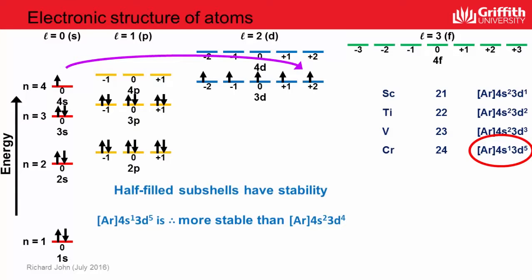And it turns out that half-filled subshells have stability associated with them, so the argon core with 4s1, 3d5 is actually more stable than the argon core 4s2, 3d4. And so now the orbital diagram with that s electron moving over into the d subshell matches the electron configuration shown on the right hand side.